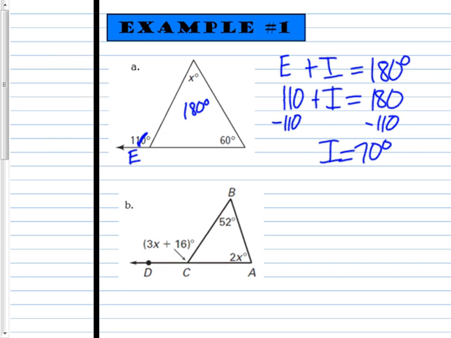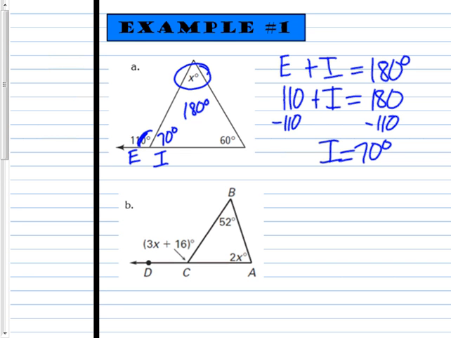I know that it is 70 degrees. Okay, so that was my interior angle. Now that I know my interior angle is 70 degrees, can I solve for my other missing angle? Can I solve for x? Yes, I can, because I know that they have to add up to 180.